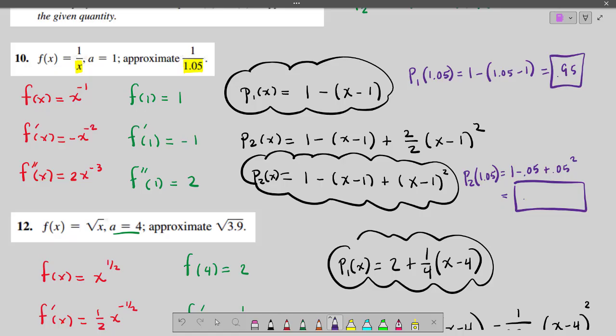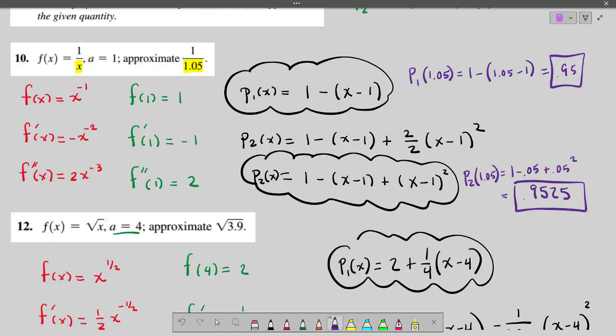Wait, no. When we square that, we're going to get 0.0025. But is it going to be just this? Is that it? Somebody type it in just to make sure.